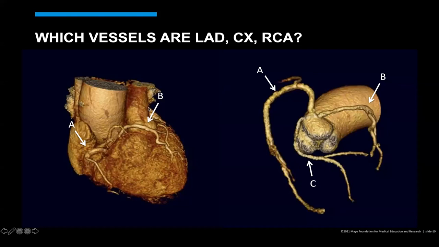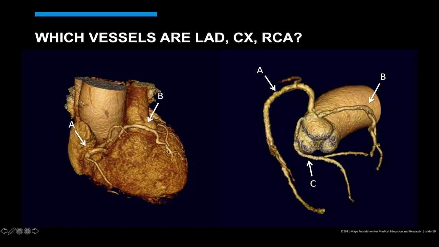Below the left pulmonary artery is the left atrial appendage, just lateral to the main pulmonary artery. Okay, so if this is the right coronary artery, we have the right ventricle here and the left ventricle over here. So as you go down this groove, that's the anterior interventricular groove.